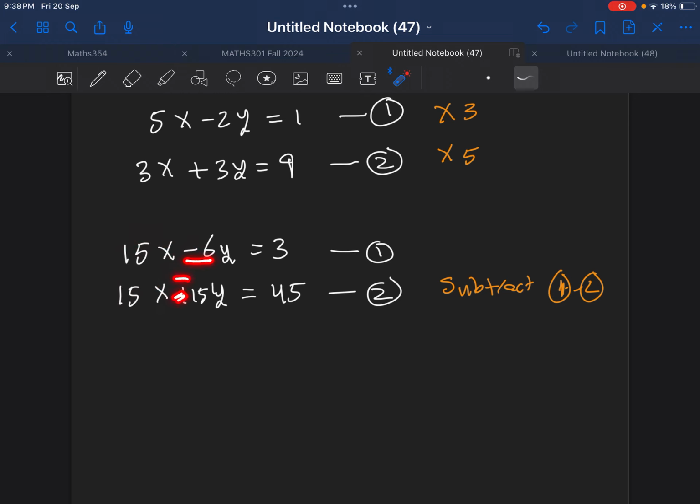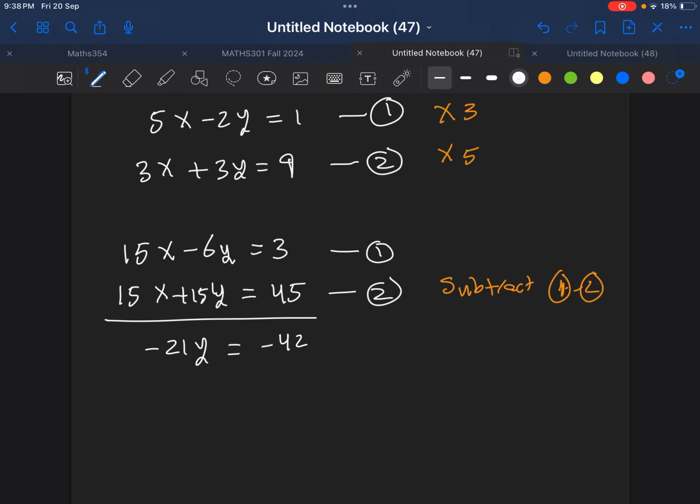Negative 6 minus 15 gives me negative 21, so it will be negative 21y equal to, if we do 3 minus 45, negative 42. Well, in this case, y is easy. If I divide everything by negative 21, y will be just 2.